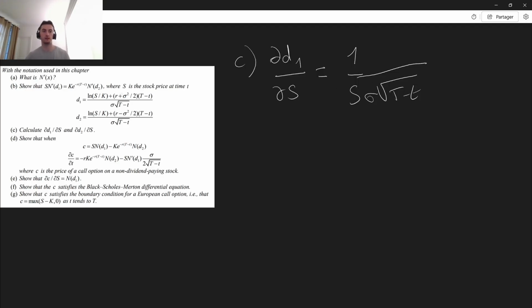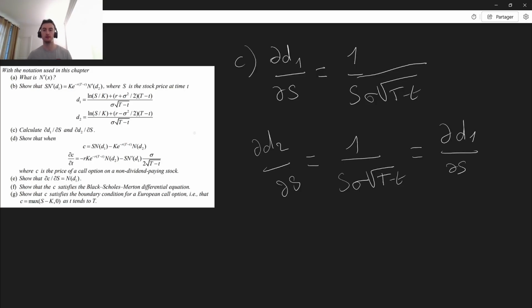Because d1 will be ln of s over k divided by this, plus something that does not depend on s. Okay, so we're good. And the derivative of d2 with respect to s is exactly the same thing. So they are both equal to each other, to the derivative of d1 with respect to s. This will also be very useful, as we'll show right after.